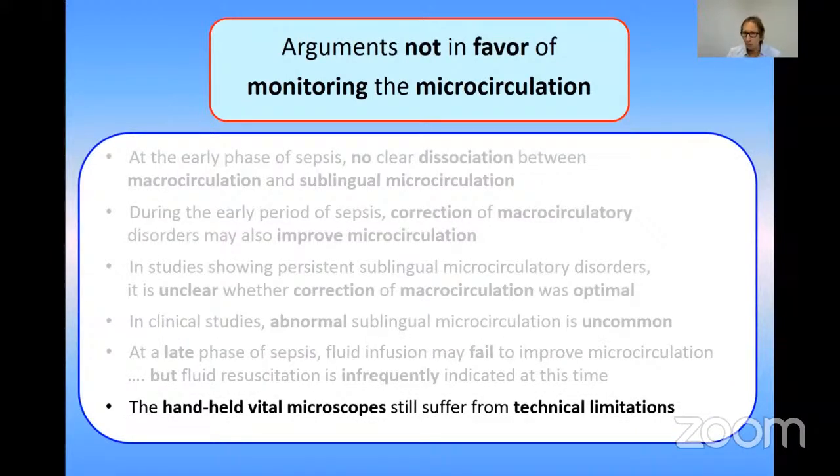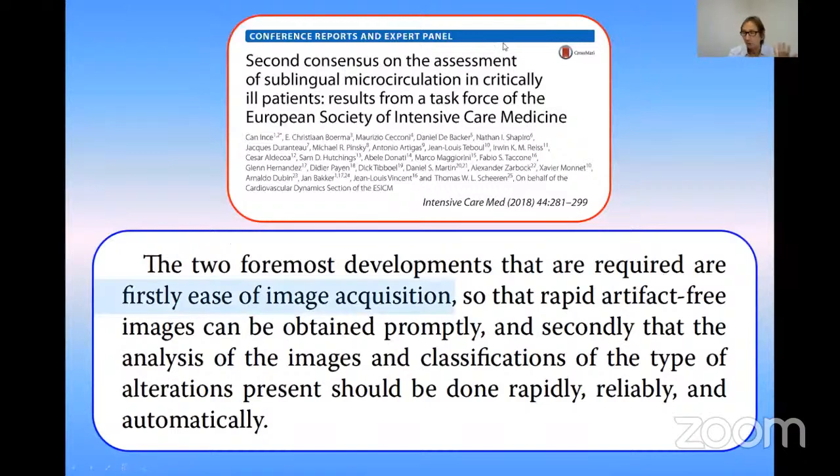Importantly, another argument not in favor of monitoring the microcirculation is that so far the handheld vital microscopes still suffer from technical limitations. And importantly, the consensus paper in 2018 said that the two foremost developments that are required are firstly ease of image acquisition, which is not the case today, and also analysis of the images should be done rapidly, reliably, and automatically.